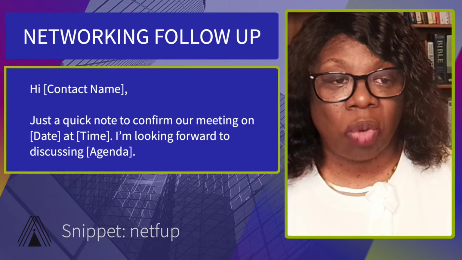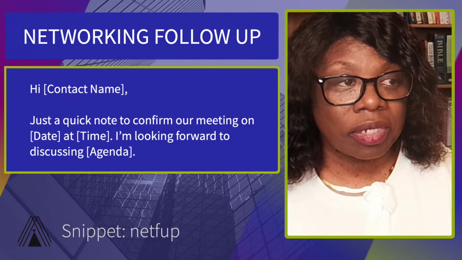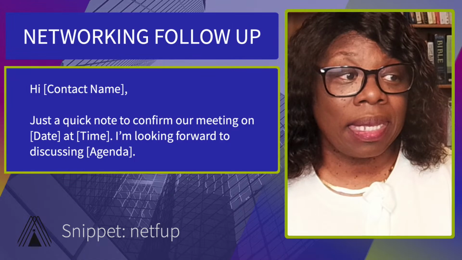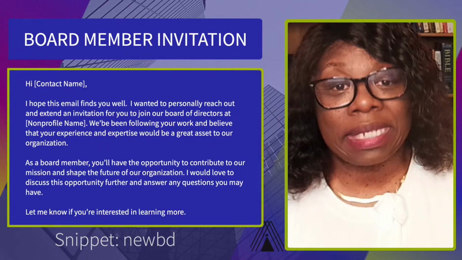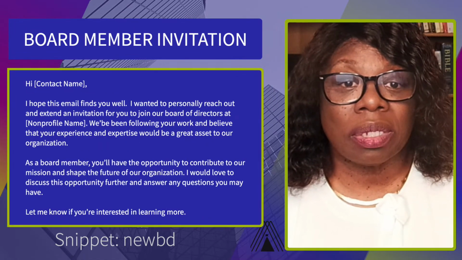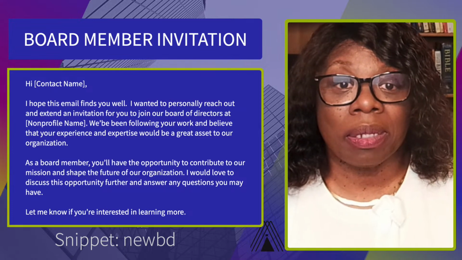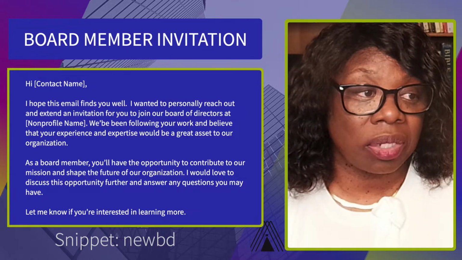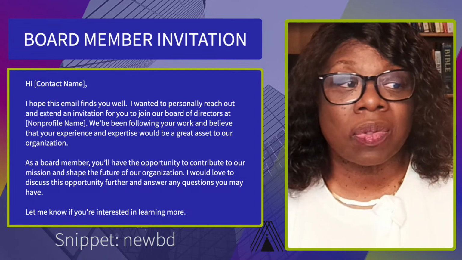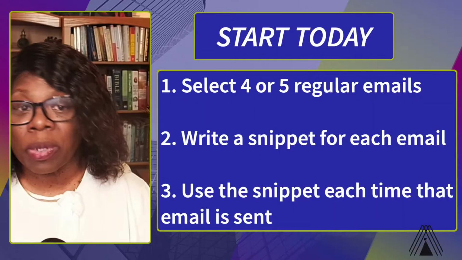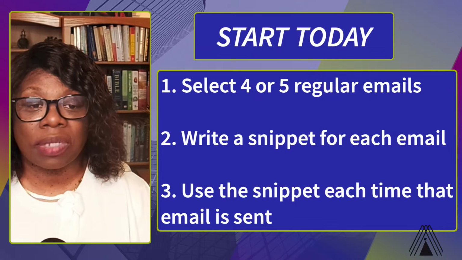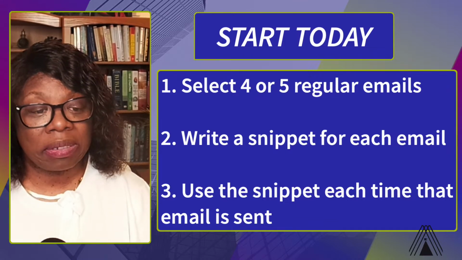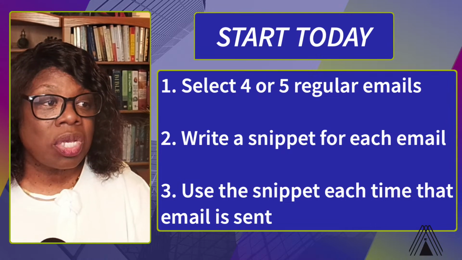This one is wrong, but it's Confirm X for confirming meetings. And New BD to invite potential board members to join a board or a committee that I'm sitting on. So those are some examples. The best way to learn this is really to just take something very simple and start using it.